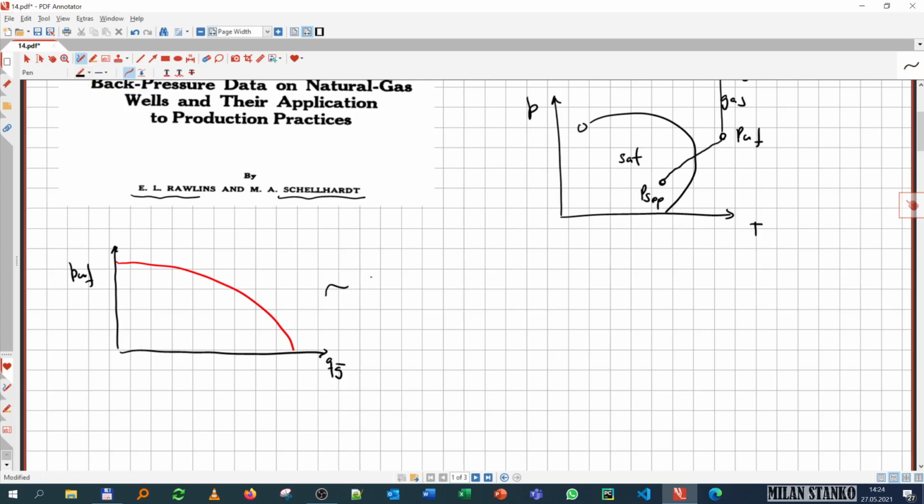They say this equation is approximately QG = C (PR squared minus PWF squared) to the power of n. This n was a coefficient that they saw varied between 0.5 and 1. They were usually changing between these two extreme cases.